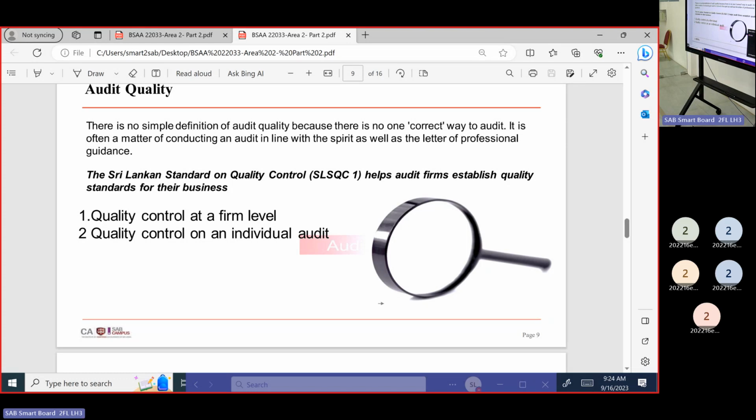So what controls can we apply? We can have daily updates, weekly review meetings, emails, teleconferences, video conferences. Those may be controls we can apply for audit quality at the engagement level, right?